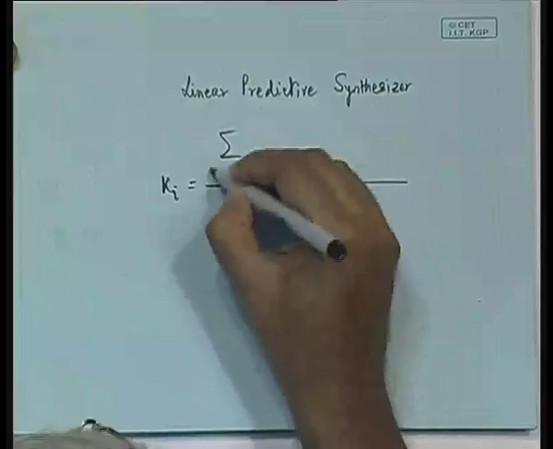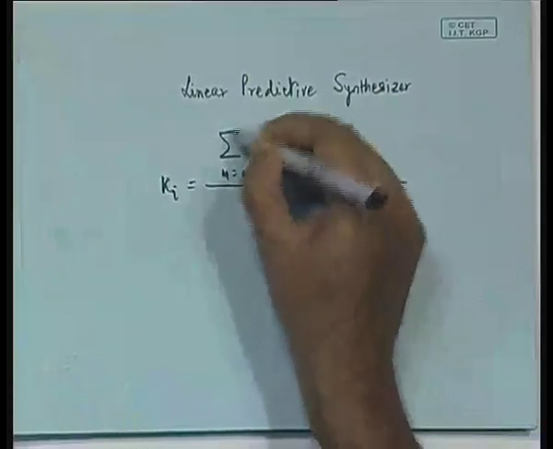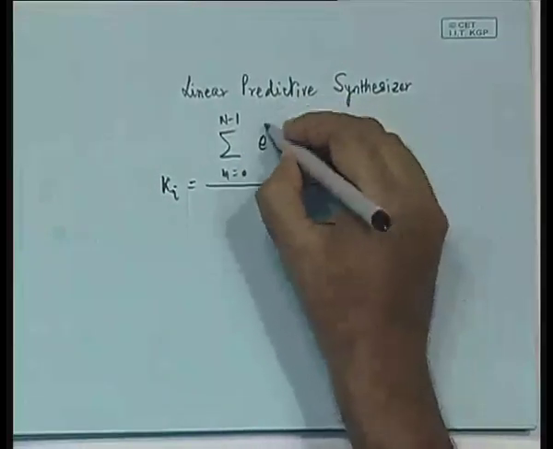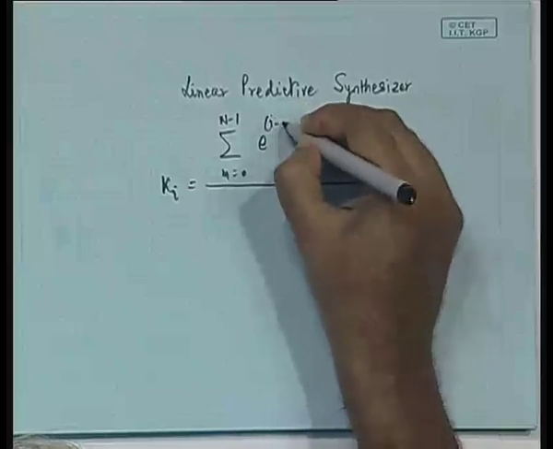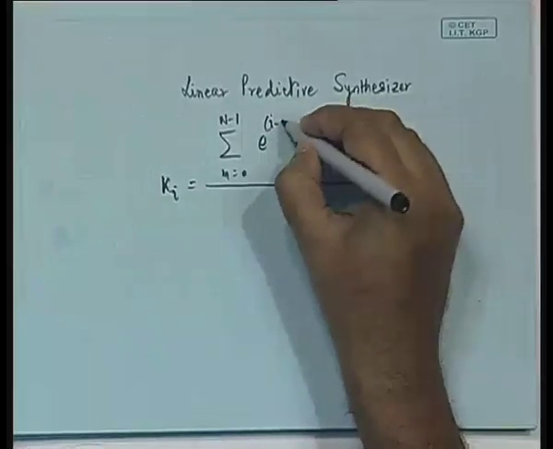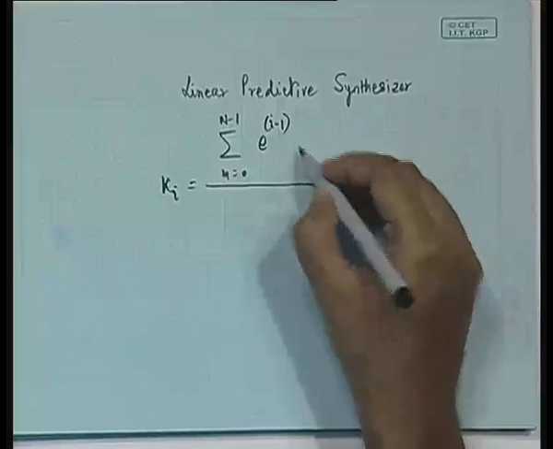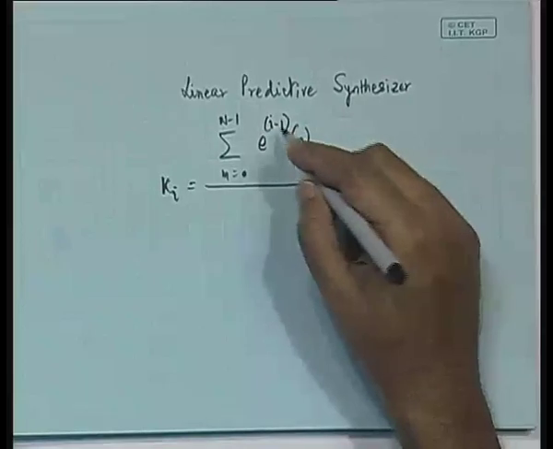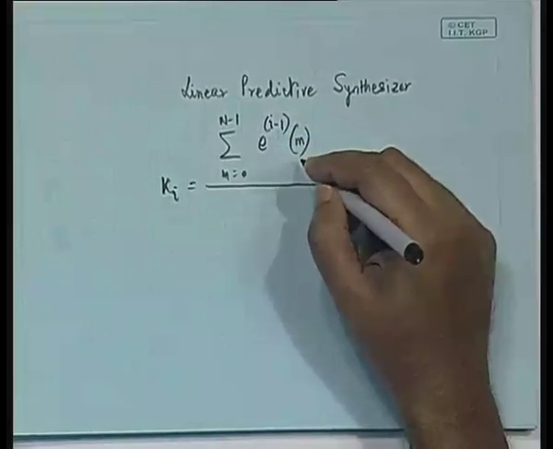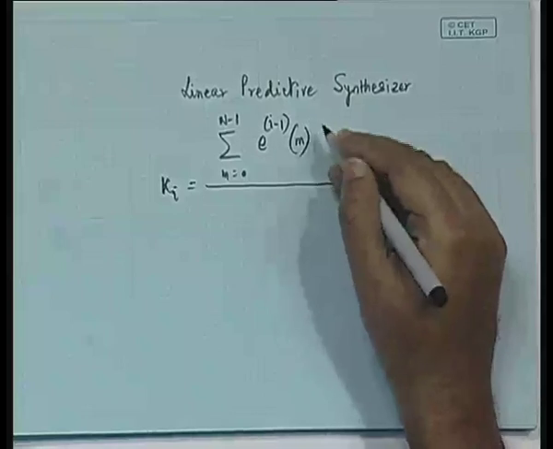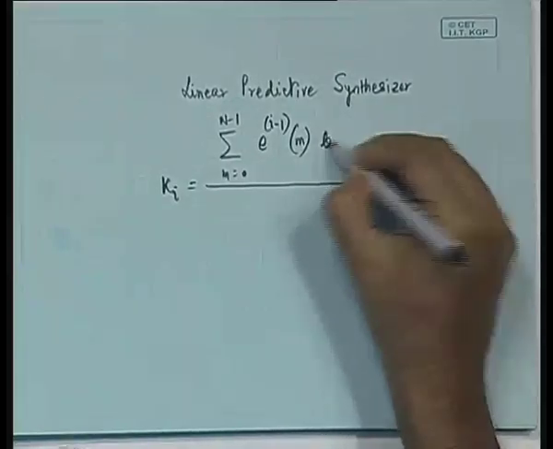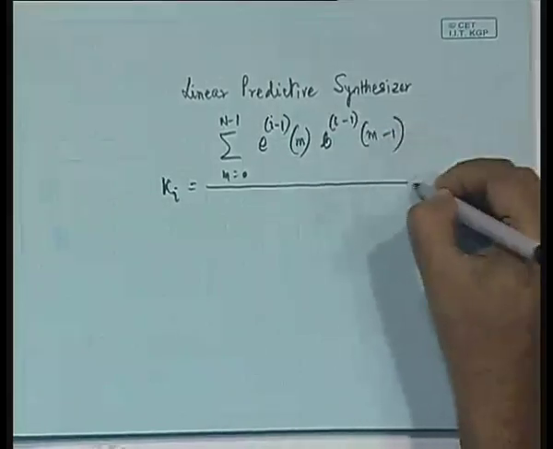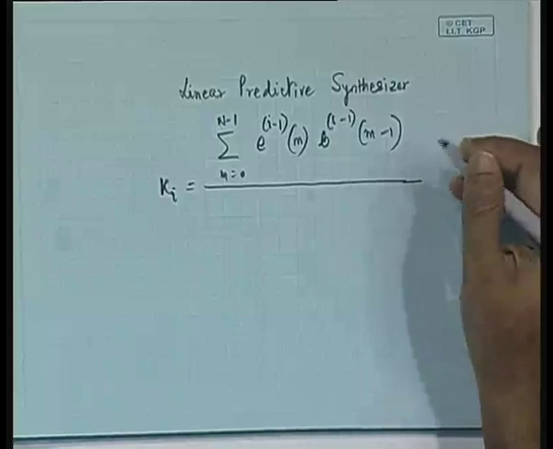In the numerator we have the summation over m equal to 0 to N minus 1 of the forward prediction error, e of i minus 1, m, where m is the index of the summation and i is the recursion step, multiplied by b of i minus 1, m minus 1, the backward prediction error.